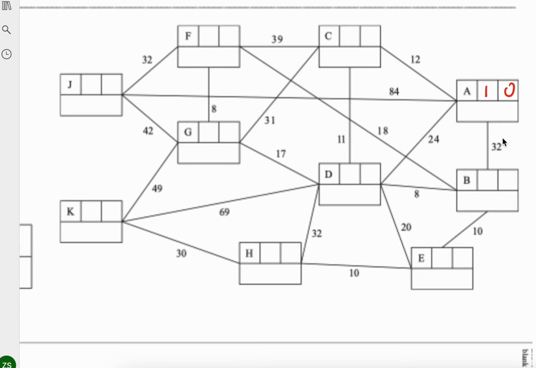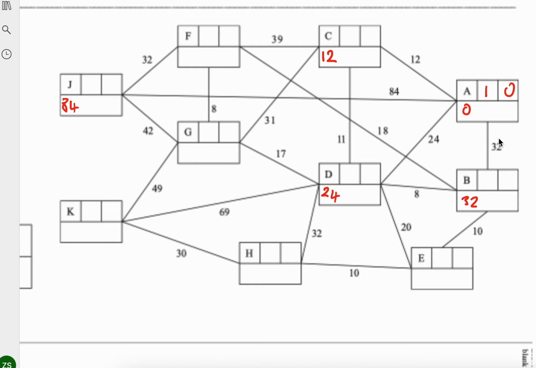Okay, so I'm going to do this quick. So this is 1, it has a weight of 0. 0 plus 12 is 12. 0 plus 84 is 84. 0 plus 24 is 24. 0 plus 32 is 32.